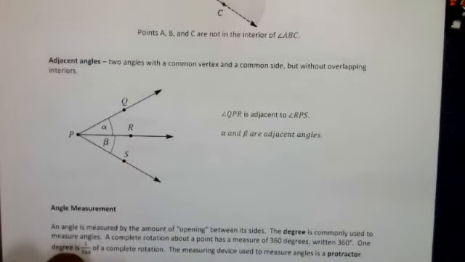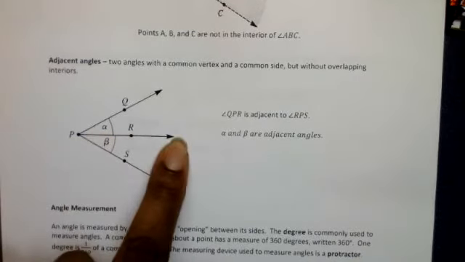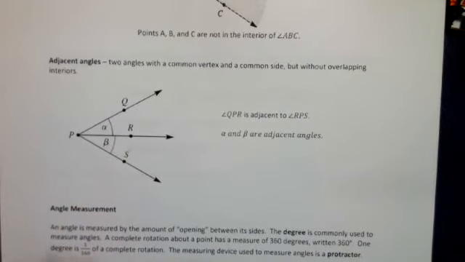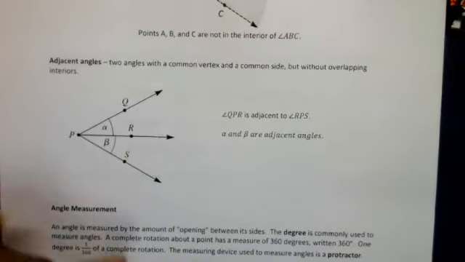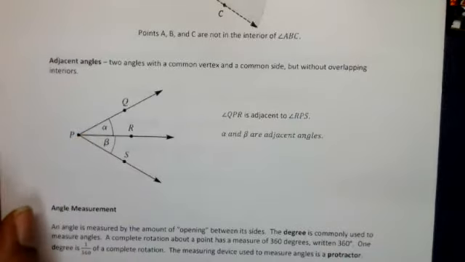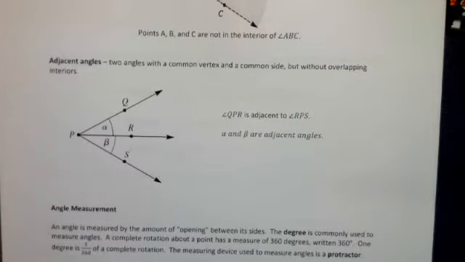They have a common side, which is ray PR, and the common vertex, of course, is P. If we were to label these with numbers or with Greek letters, like alpha and beta here, those are considered to be adjacent angles.